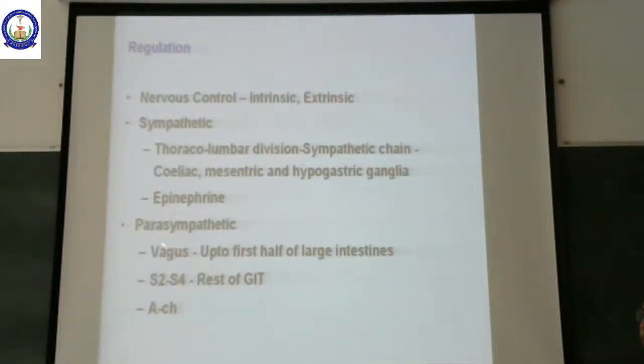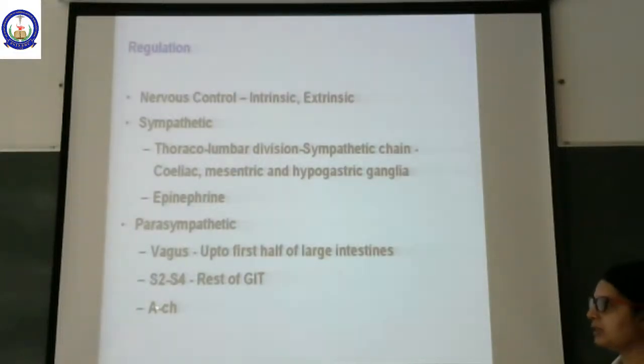So wherever you hear vagus nerve stimulation, it is parasympathetic. It is up to the first half of the large intestine. Only till the first half of the large intestine is the parasympathetic innervation by the vagus nerve. And the rest of the GI tract is supplied by the S2 to S4 segments, that is the second to fourth sacral segments.